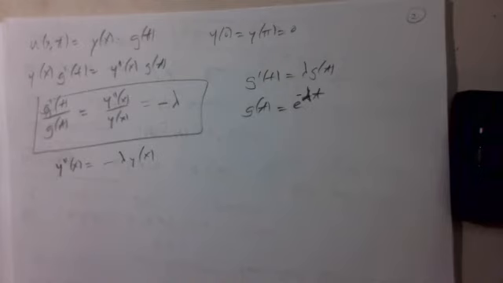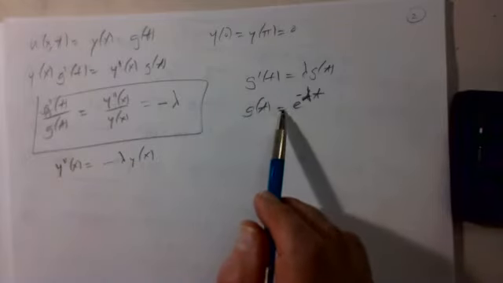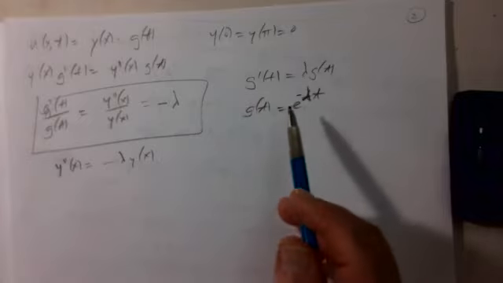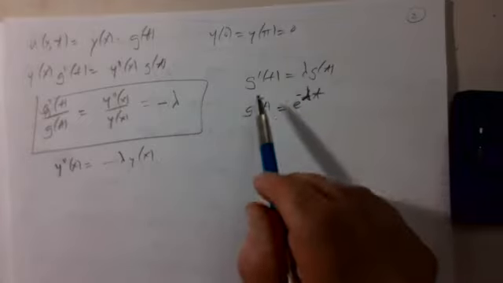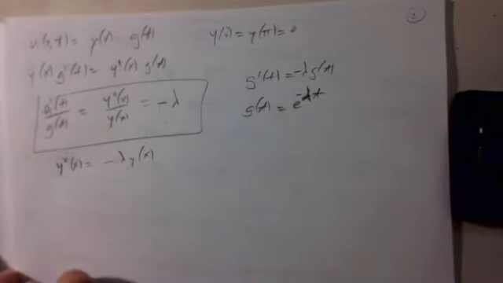Professor, for the last step, do you use the integrating factor to get from here to here? The reason is e to the minus lambda t. You don't need an integrating factor. This is just calculus 1, right? The only solution of this differential equation is e to the minus lambda t.